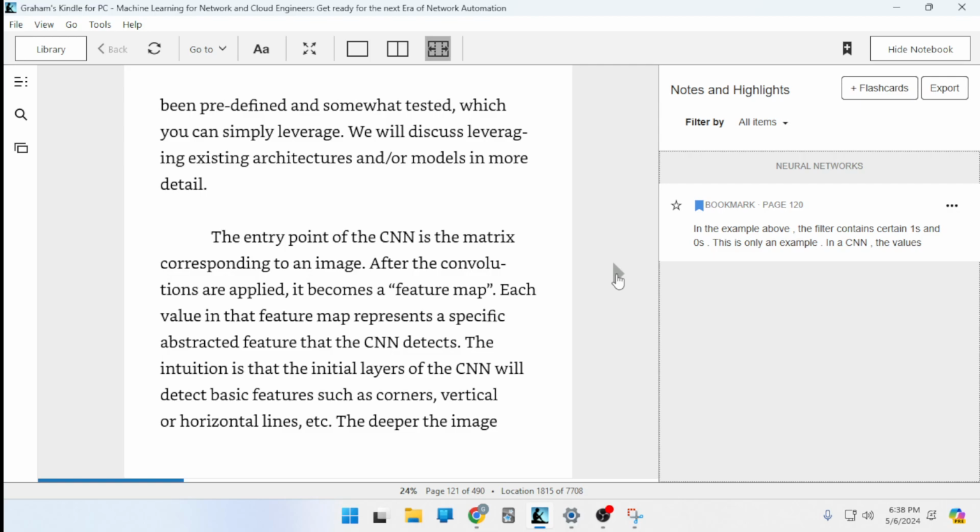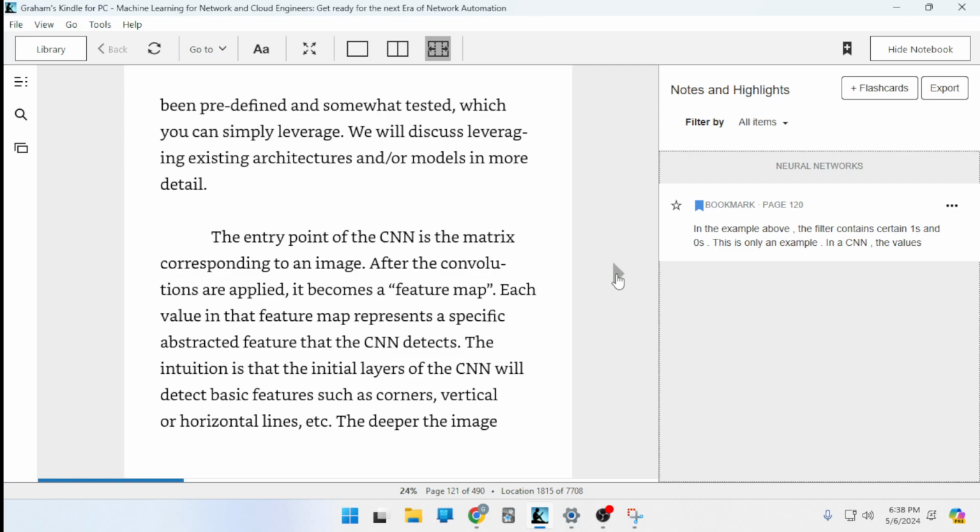The entry point of the CNN is the matrix corresponding to an image. After the convolutions are applied, it becomes a feature map. Each value in that feature map represents a specific abstracted feature that the CNN detects.